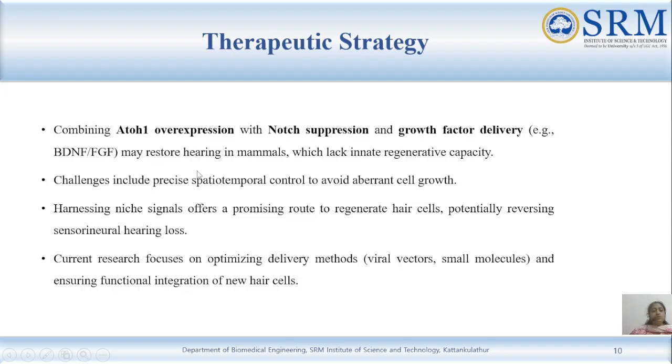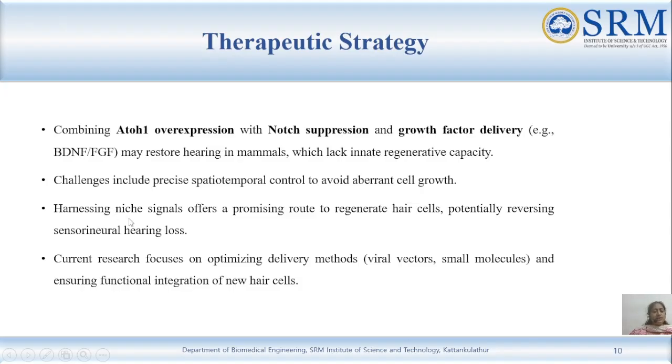So the challenges in this type of system are majorly with respect to the precise spatiotemporal control, which is very essential if we need to avoid aberrant cell growth. As I told you, the entire organ of Corti has very sensitive hair cells, and if we end up giving the signals at the wrong place at the wrong time, this could result in aberrant cell growth and it could be counterproductive.